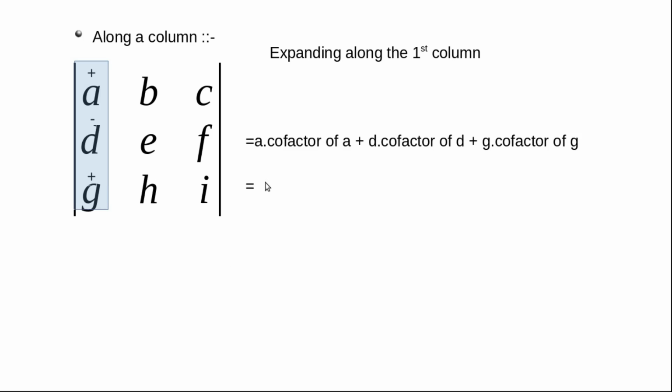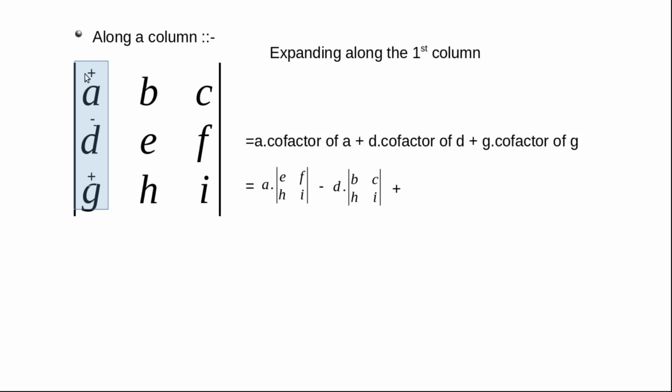So the cofactor of a has the plus sign and the minor of a is E, F, H, I, so a into E, F, H, I. The cofactor of d will have a minus sign, so a minus. Then the minor of d is B, C, H, I. Then g has the plus sign, so plus.